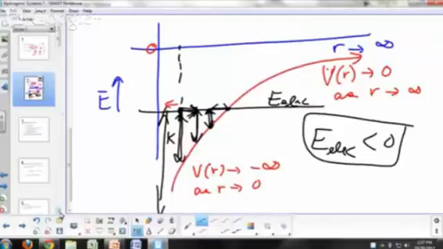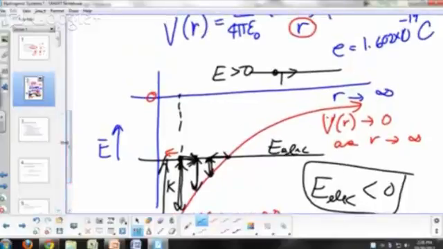Okay. Now what happens if energy is greater than zero? Up here. Let's say you have an electron moving this way, heading out away from the nucleus. What will happen? That's your kinetic energy. As it moves away, what happens? Kinetic energy gets smaller. It's still being pulled back, right?